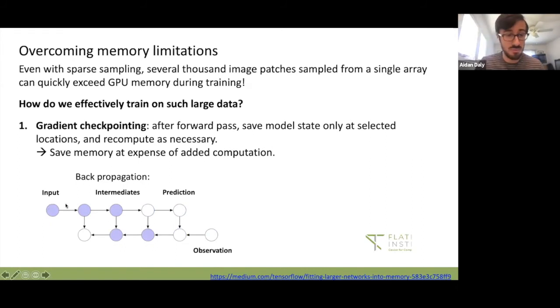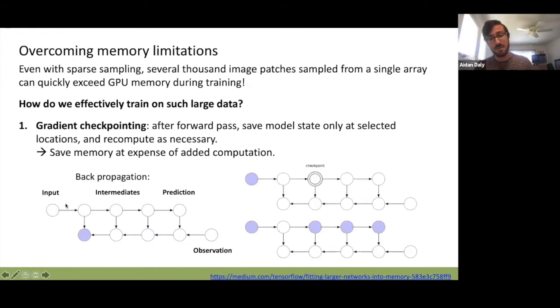But with the size of the input being very big, that might not be possible. So what we do instead is we institute a checkpoint where we say, I'm only going to remember some fraction of these intermediate states that I've chosen in advance, and everything else I'll recompute on the fly. So in here, we go through our network, but we only remember this one. And then as we are doing our backpropagation, we recompute these intermediate states as we need to.